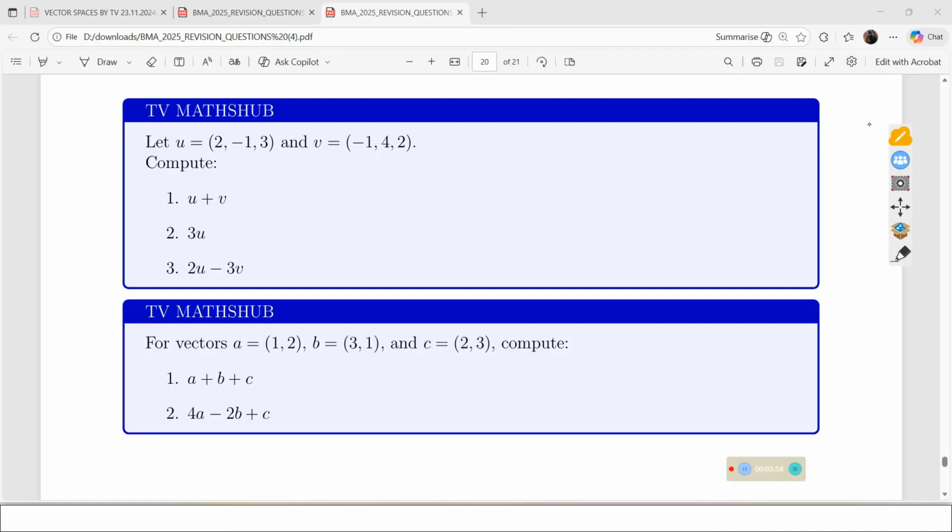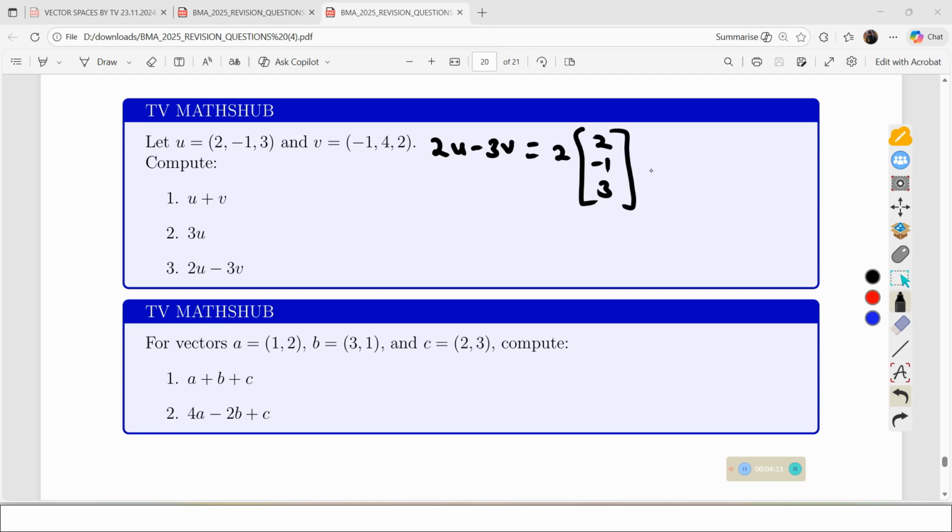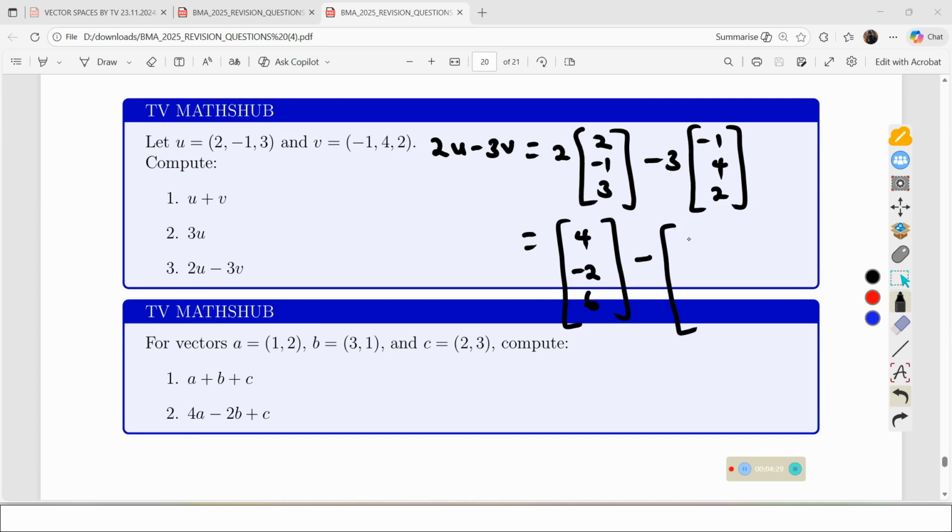So next we shall look at 2u minus 3v. So this will be 2 into u, which is (2, -1, 3), then we are subtracting 3 into (-1, 4, 2). Let us first multiply 2 inside here. We shall get (4, -2, 6). Then minus, first maintain the negative out, then multiply 3 here: -3, 12, and 6.